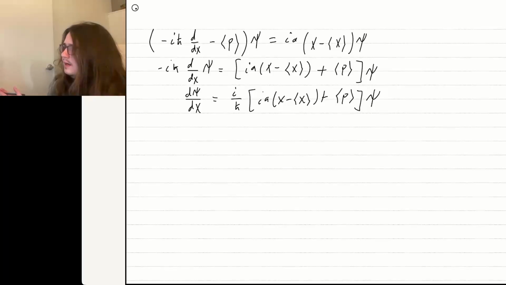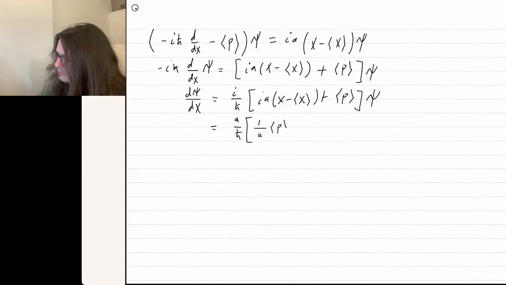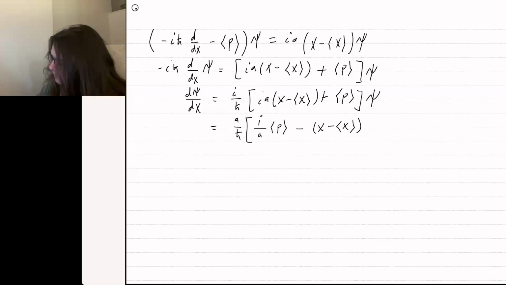And then I'm going to go ahead and also factor out the A, everything that depends on A. So we got A over h bar, and then I'm going to factor through the i that's on the outside. So I'll have 1 over A, the expectation value of p, and it's i over A actually, minus x minus expectation value of x.